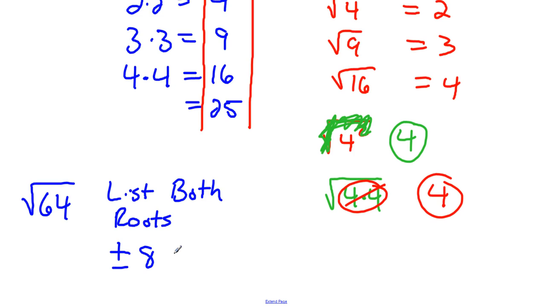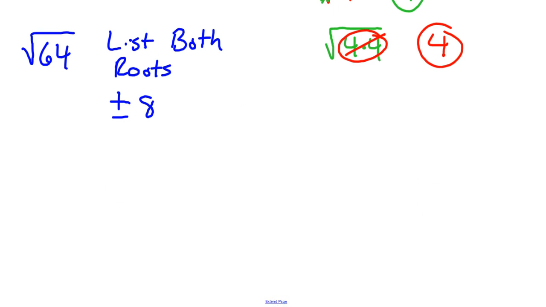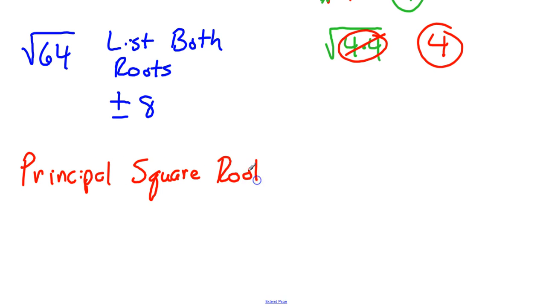Some of the problems, though, are going to ask you for just the principal square root. And the principal square root is basically just the positive answer. Some of the questions will tell you just to find the square root or find the principal square root.